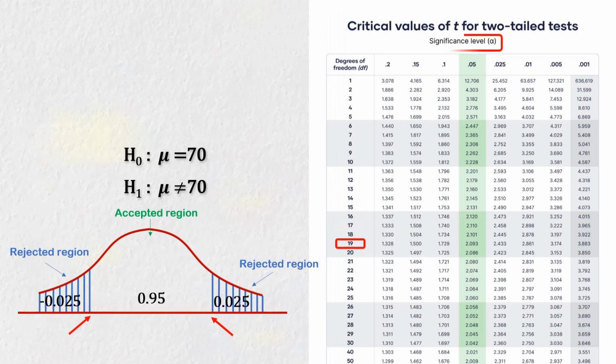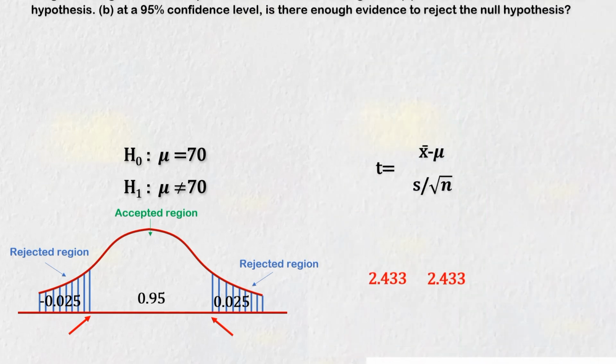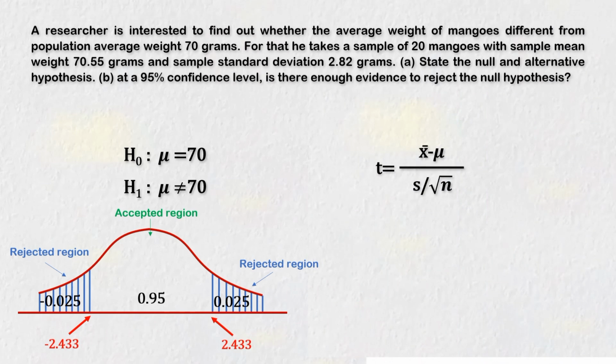And level of significance alpha, which is 0.025. These two values meet at this value, which is approximately 2.433. So this is our critical value. It can be positive and negative.